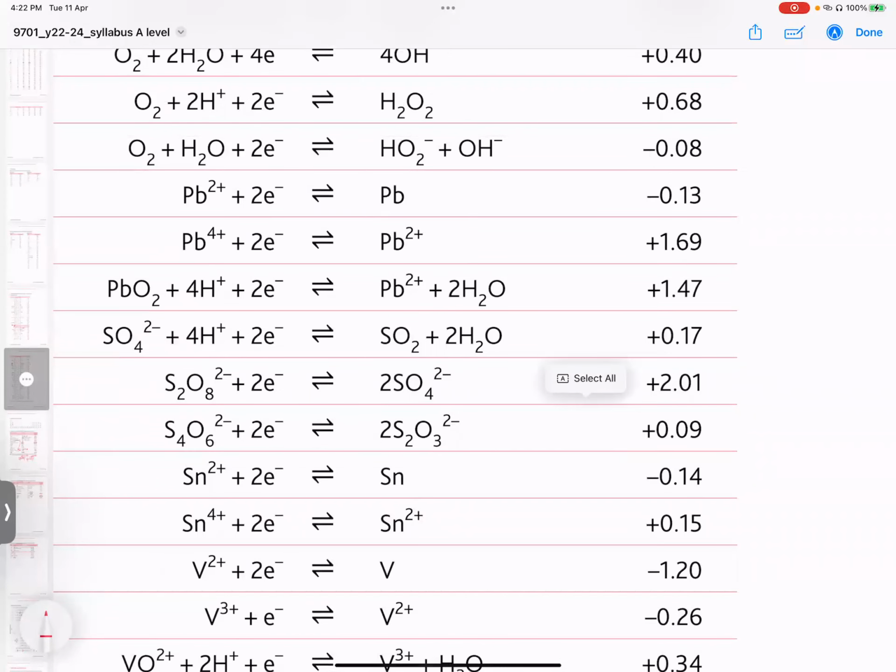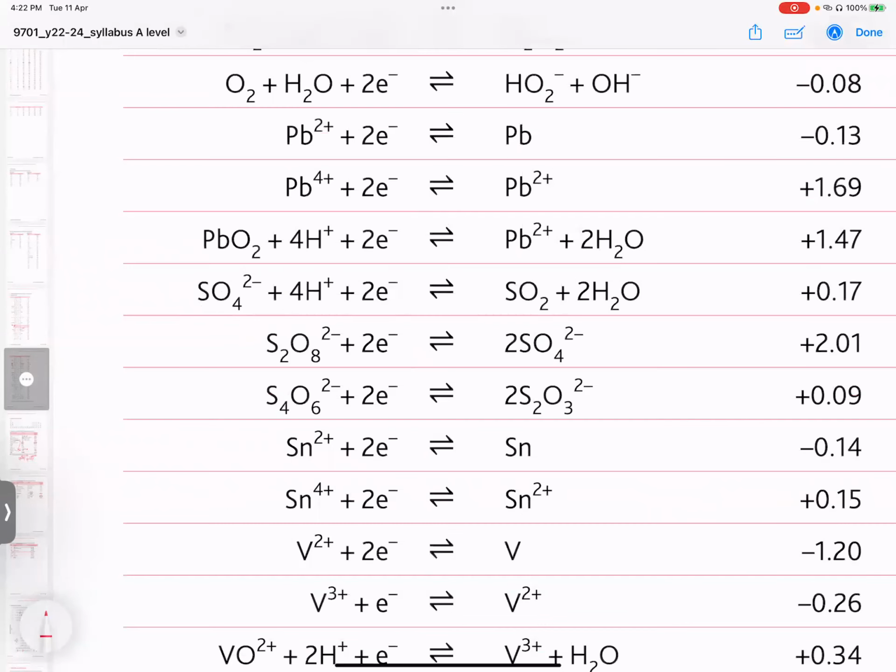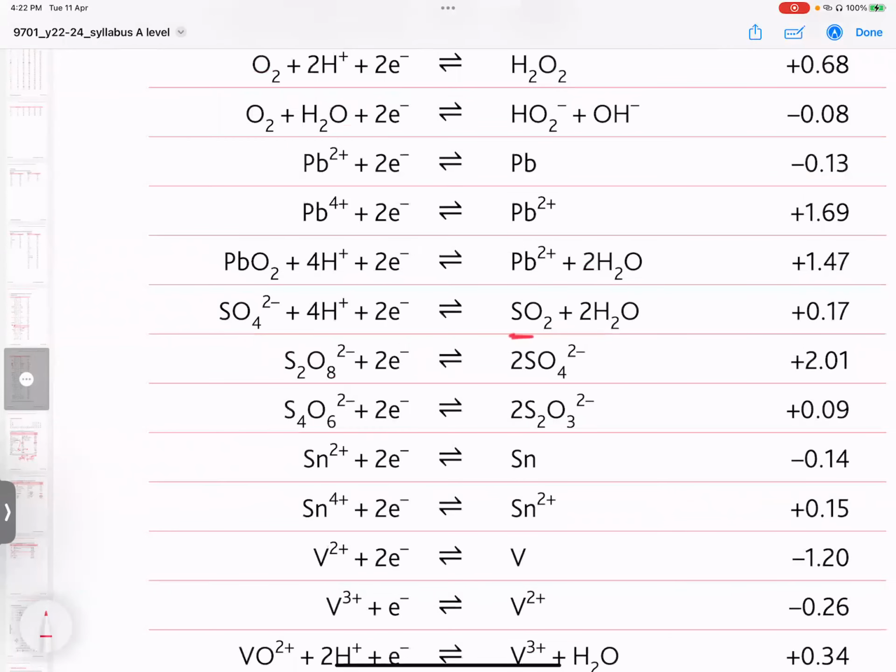So if SO2 is oxidized, it must be on the left hand side of the equation in the data booklet. So it would be this equation only, where its potential is positive 0.17. So when I write this equation, I flip the equation.